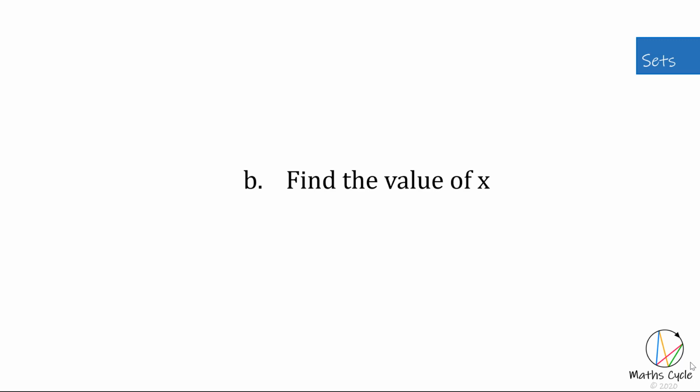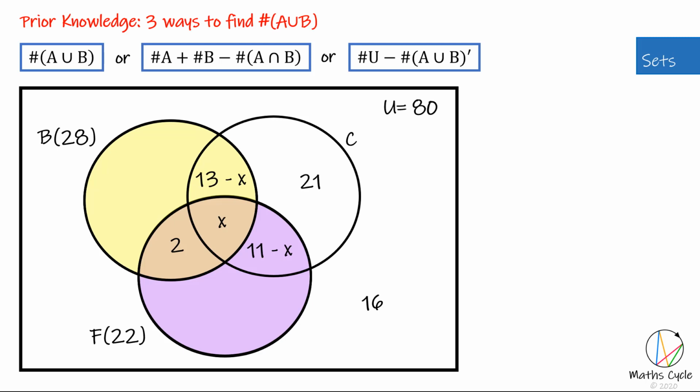Okay, so part B, find the value of X. So what we have here is prior knowledge that's important for this example. There are three ways to find the cardinal number of A union B. We can do it just the regular way, the cardinal number of A union B by reading it, or we can look at the cardinal number of A plus the cardinal number of B and subtract the cardinal number of A intersection B, or we can look at the cardinal number of the full universal set and take away the cardinal number of A union B complement.